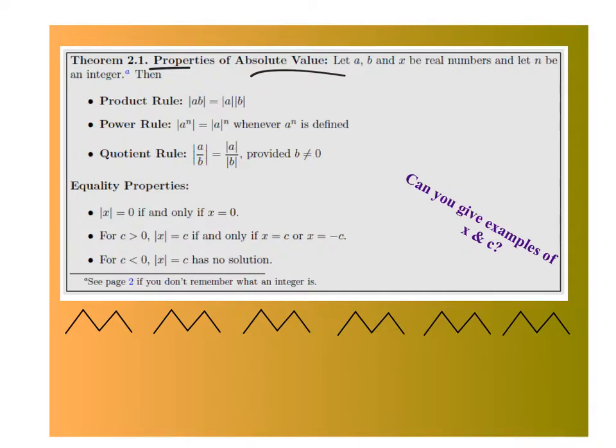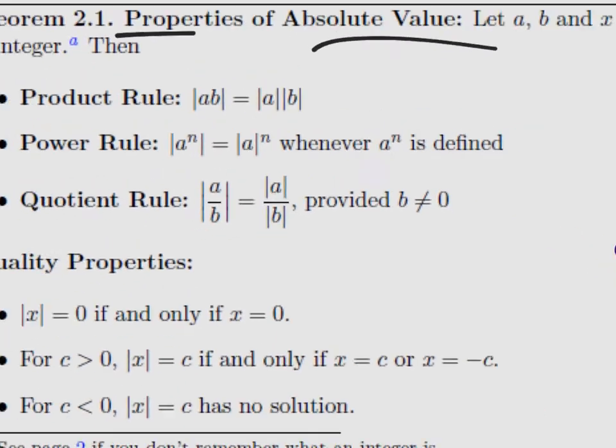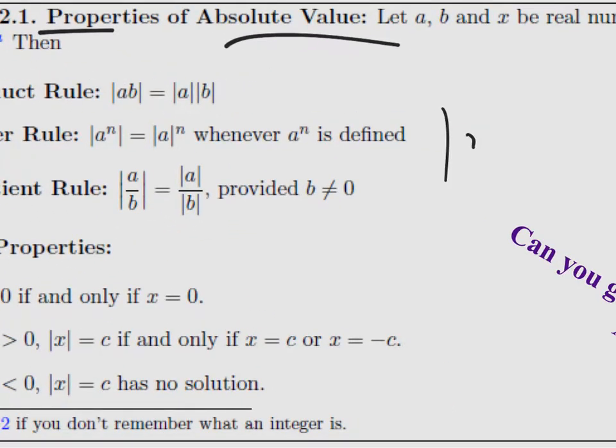Another property is the power rule. Basically, if it is something squared, like for instance, absolute value of 5 squared, that's the same as absolute value of 5, but squaring it on the outside. It does say whenever a to the n is defined, meaning if there's no such thing as 5 to the second, then this wouldn't work.